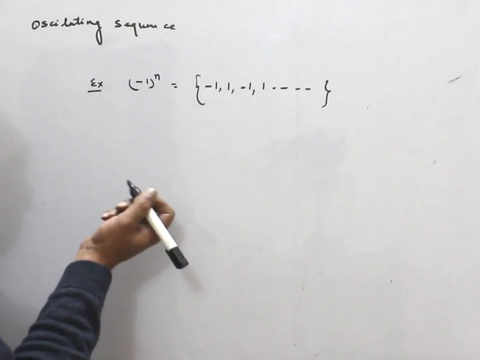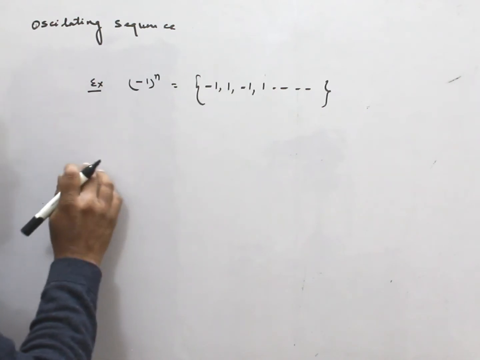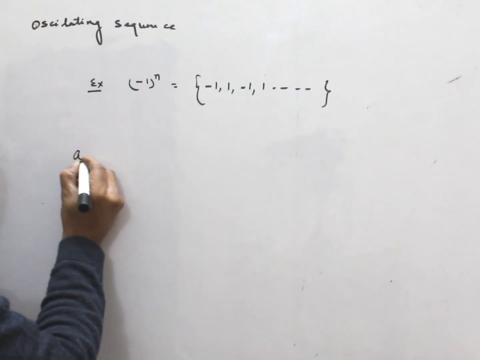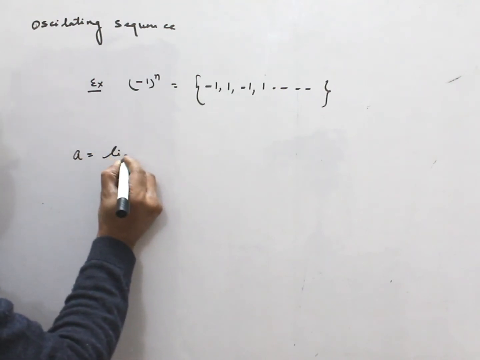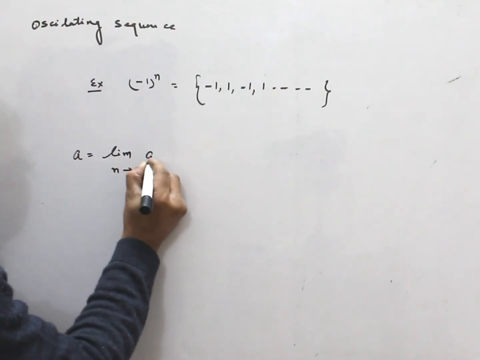Sometimes we simply find the limit of a sequence just by replacing n by infinity. Also, sometimes we write limit n approaches infinity of a_n.